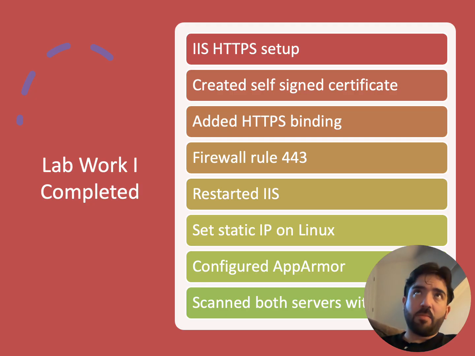When I ran Nmap, it confirmed that port 443 was open on Windows and that Linux had port 80 running and AppArmor active, which showed me that both systems were configured the right way.